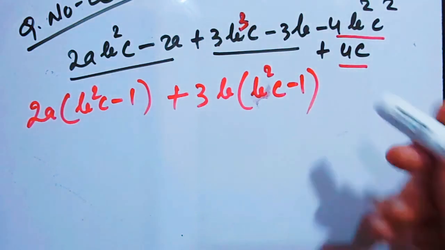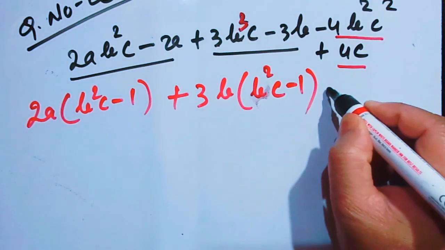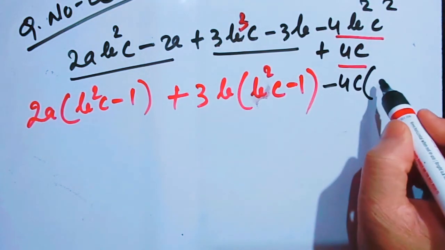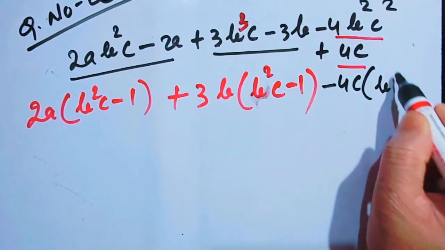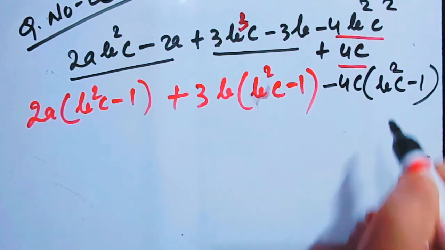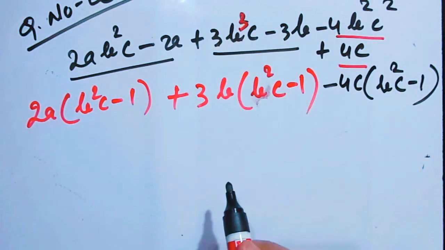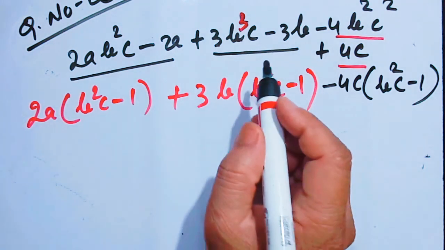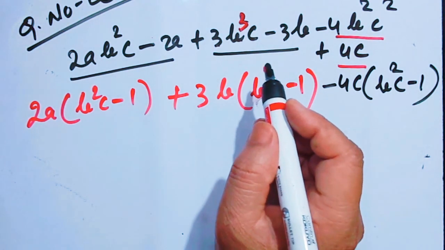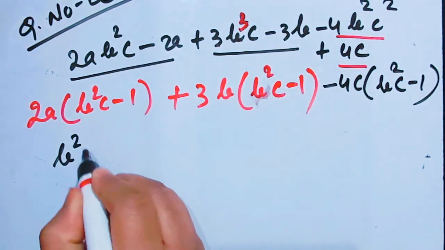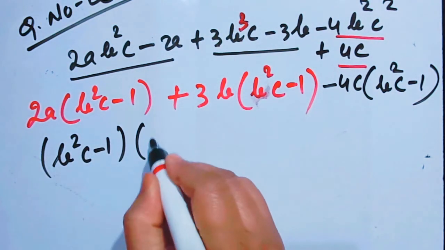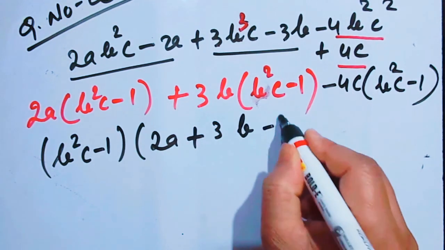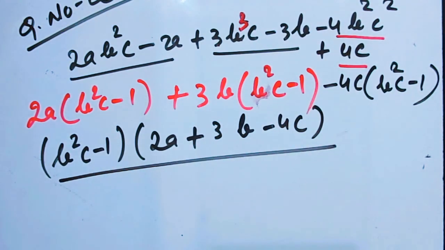And similarly, if I take 4c as common, I'll get b square c minus 1. So here I made a small mistake. That is why I say that before you start solving, please check that you have written the correct sum or not. So b square c minus 1, on taking common, I'll get 2a plus 3b minus 4c as our final solution, isn't it?